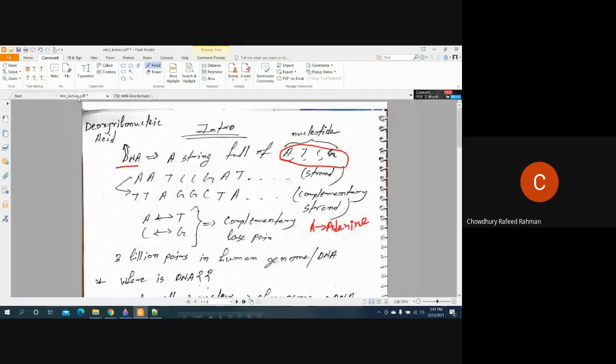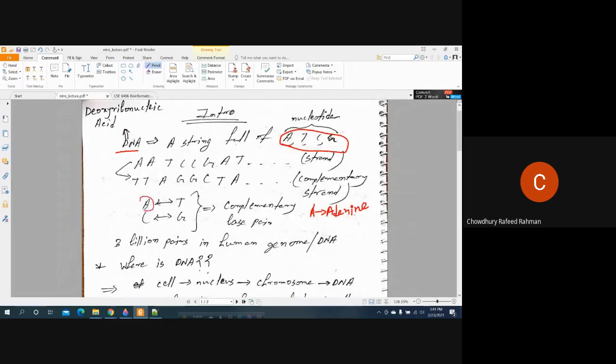So complementary bases: the complementary of base A is base T. That means A and T attach together. The complementary of base C is base G, and so these two bases attach together. So suppose this is the first strand of the DNA.